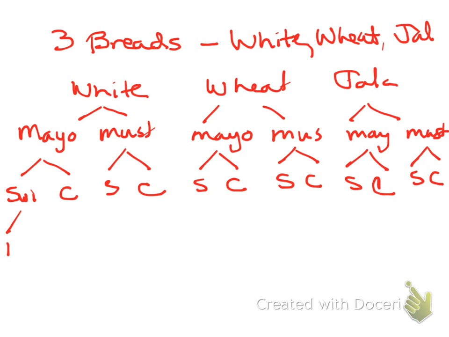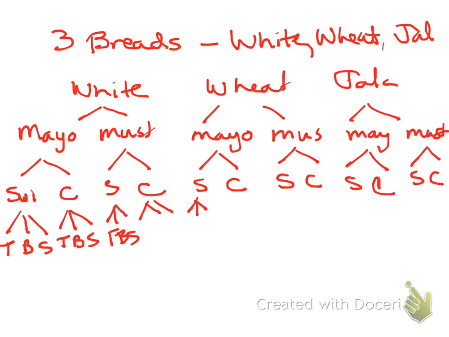Let's go turkey, bologna, salami. Okay, this becomes very cumbersome. So what I've got is, for my breads, I have 3 possibilities. For my spread, I have 2 possibilities.